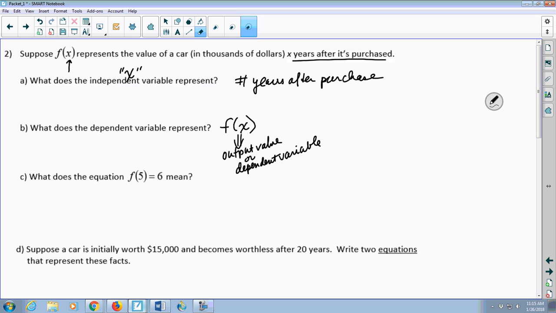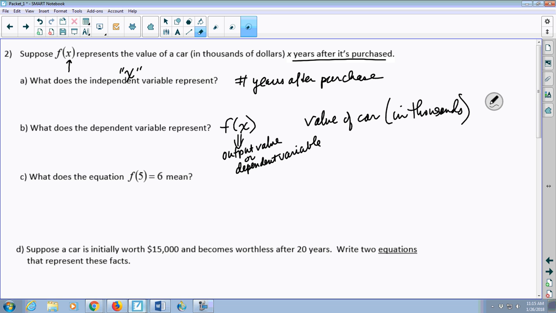So f of x is what? The value of the car in thousands. That's important, right? We're looking at the units here along with what the actual variable represents.